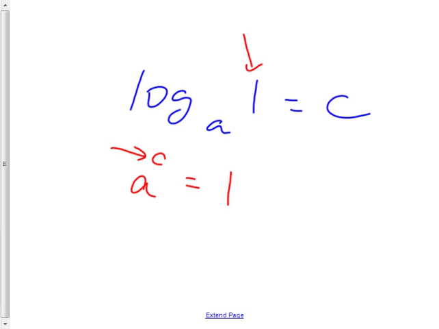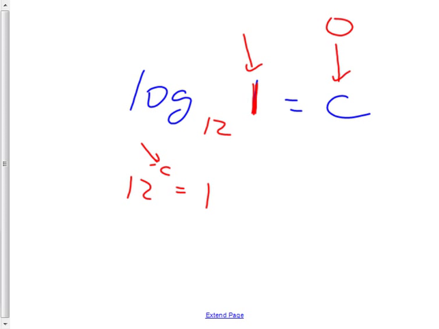Now it is possible that if a was what? 1. If a was 1, then c could be 1. But, okay, so that wasn't a great example, but I should have had a number there, like 12. Then I could say automatically c is equal to what? 0. Because 12 to the c equals 1. The only number that would work there is a 0. So this is a property that if this is a 1, then that's got to be a 0.